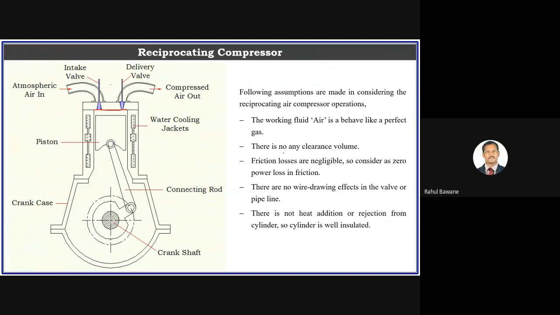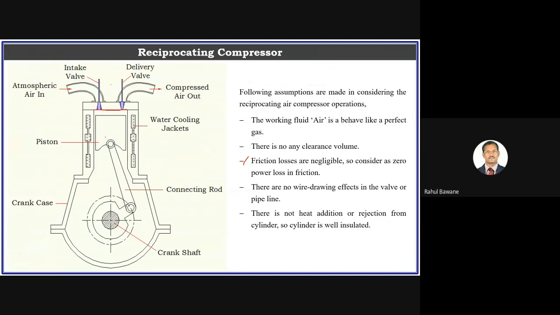As your compressor runs, it gets heated, and once heated, the piston, cylinder walls and everything expand a little bit. So maintaining zero clearance is practically not possible, but it is assumed there is no clearance. The next assumption is that friction losses are negligible, so consider zero friction power loss.